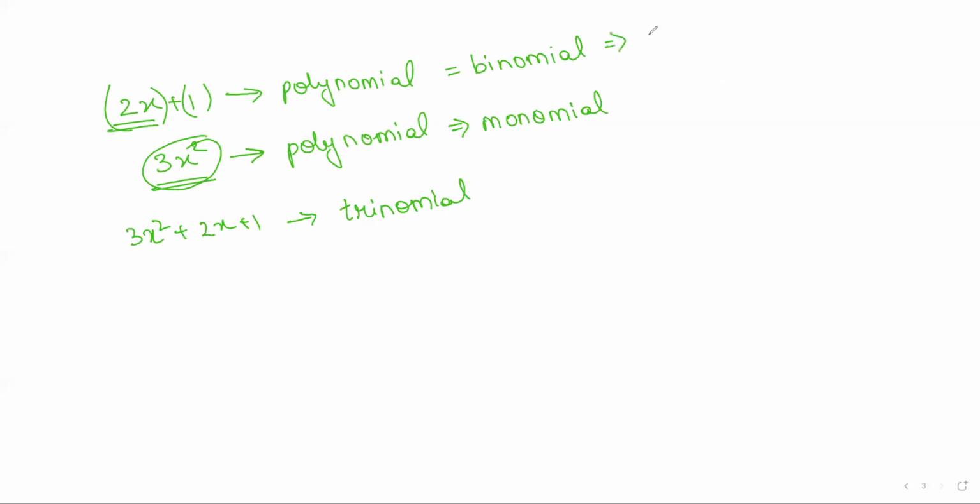Here you have 2 terms. Here you have 1 term. And here 3 terms. And so on. Anything beyond 3 is usually called a polynomial. For a polynomial, the number of terms could be any number. It could have n number of terms. n can hold any natural number value.